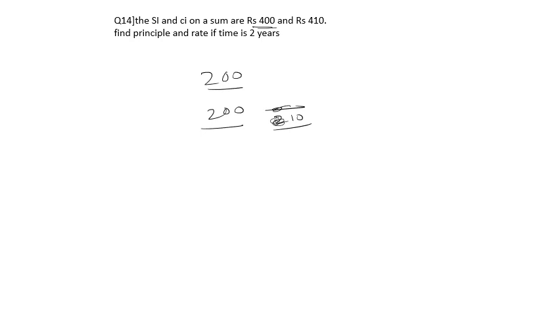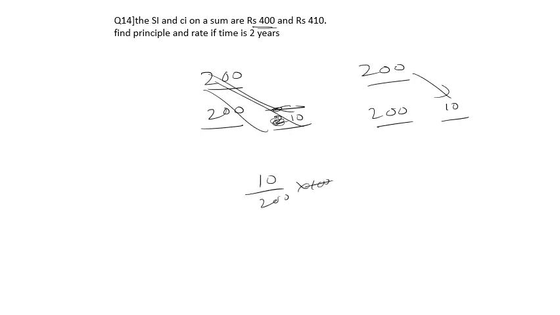Okay, write it once more. 200 and this is 10. So what is the rate it is asking? So rate is 10 by 200 into 100. This is, guys, 5%, isn't it?